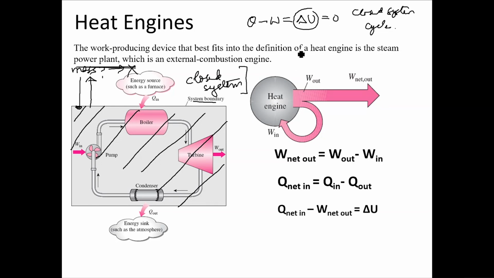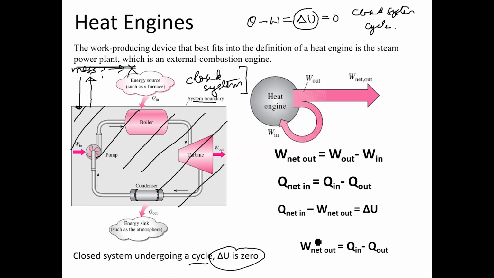For a closed system undergoing a cycle, delta U is 0, and you will have work net out equal to Q in minus Q out. That means the total heat provided to the system minus the heat rejected out of the system gives you the net work produced by the heat engine. Clear enough?